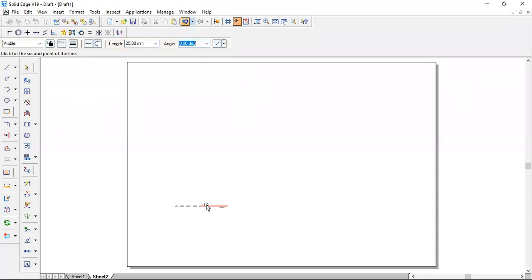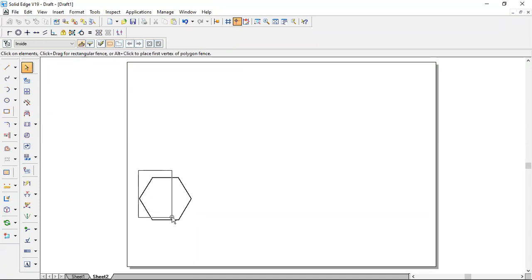Sorry, the line should be continuous thick. So 25 enter, 0 enter, 25 enter, 60 enter, 25 enter, 120 enter, 25 enter, 180 enter, 25 enter, minus 120 enter, 25 enter, minus 60 enter. Like that we can finish this hexagon.